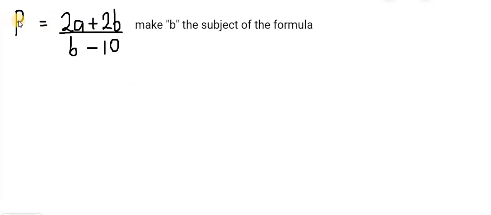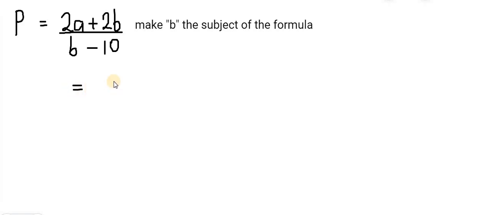On the left, we have p. On the right, that's not flat. That's a fraction. We need to get rid of that. So how we do that is to get b minus 10 off the bottom there. So b minus 10 is connected with a division sign. So we use a multiplication sign to get rid of b minus 10 from the bottom, like so.